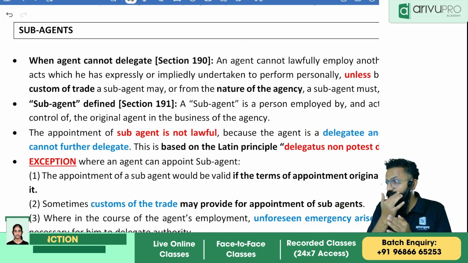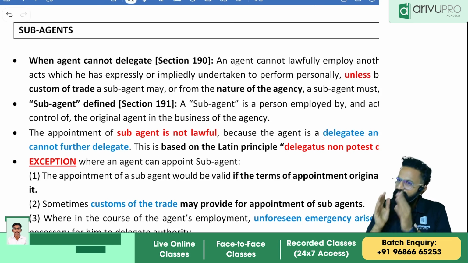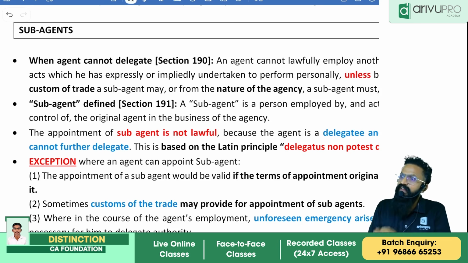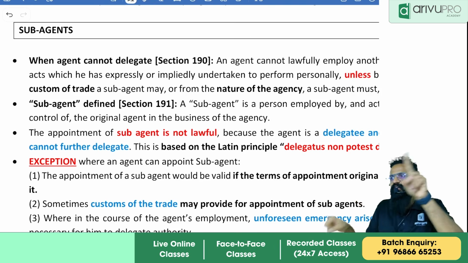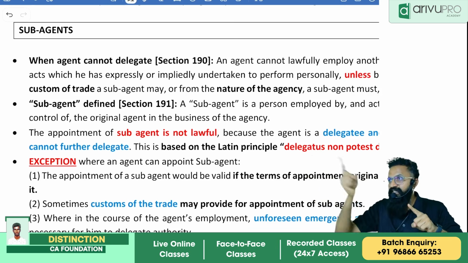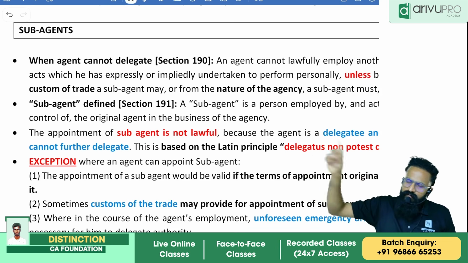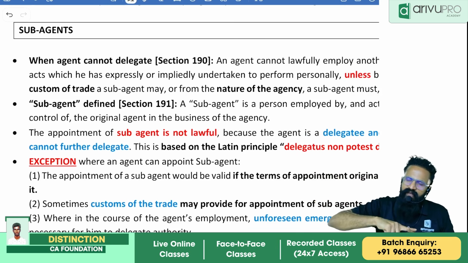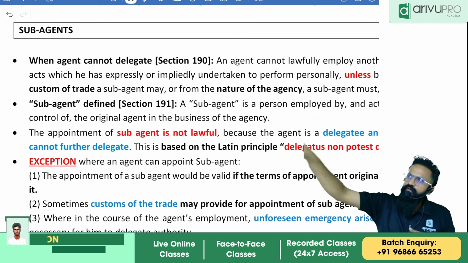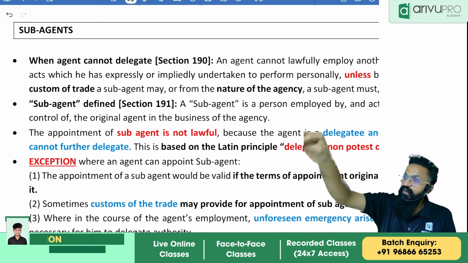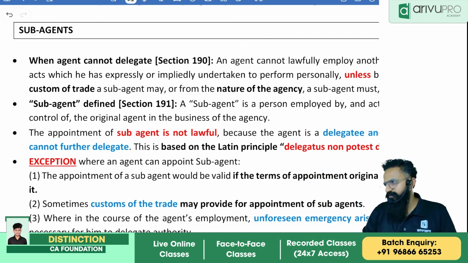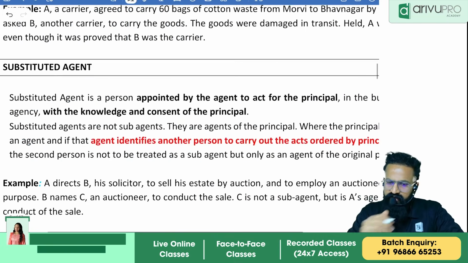However, if you do not take proper care, now your liability will be there if at all principal suffers any loss. Remember, in substituted agent, there is privity of contract between substituted agent and principal. Whatever the substituted agent does, principal will be liable. Principal is liable to compensate the substituted agent for remuneration. Done. Okay, next one, sir.